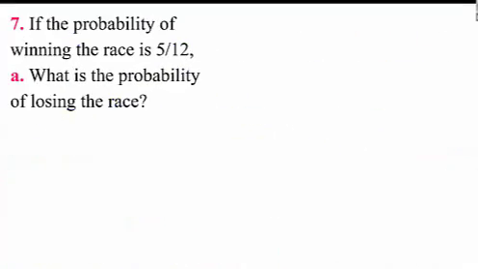If the probability of winning is 5 over 12, what would be the probability of losing? We are looking at what we call complementary events. So probability of complement of an A, they call it sometimes P of A naught, is 1 minus probability of A. Therefore, probability of winning is given as 5 over 12.